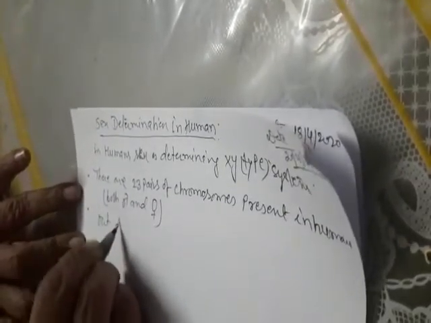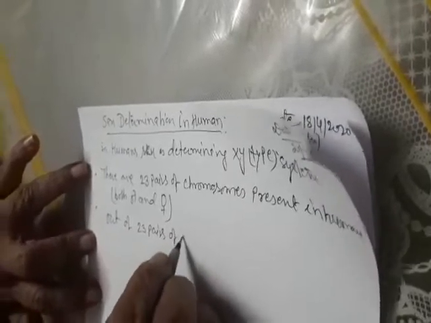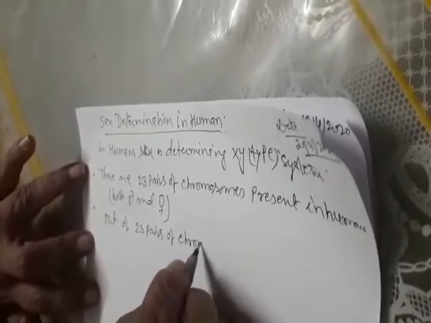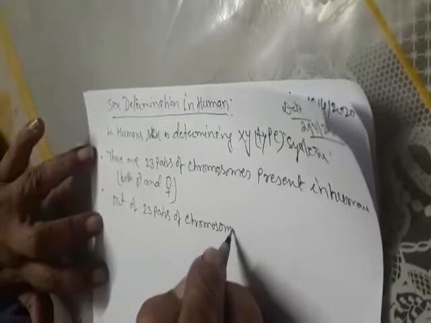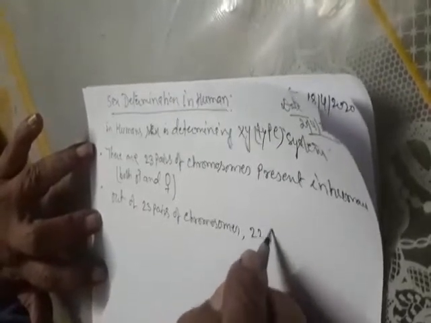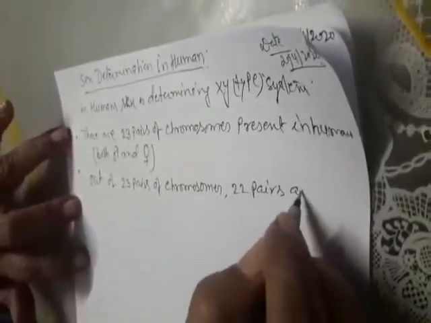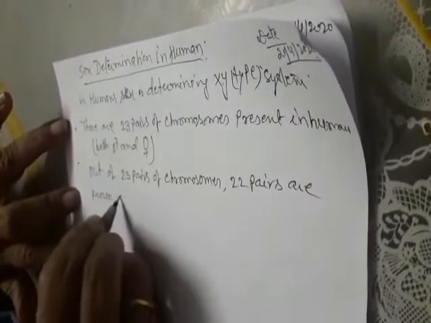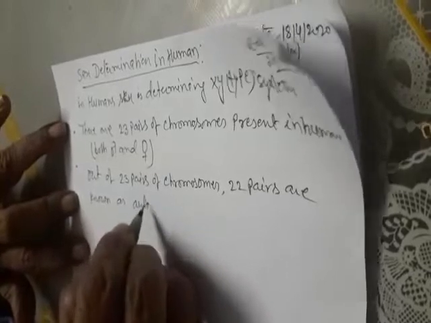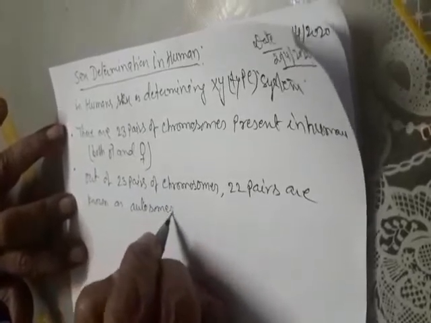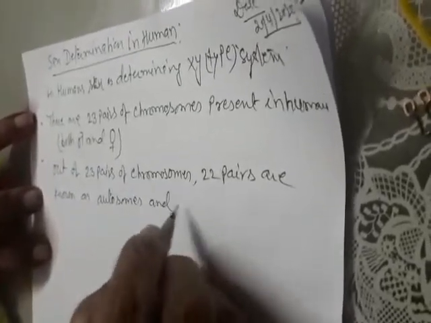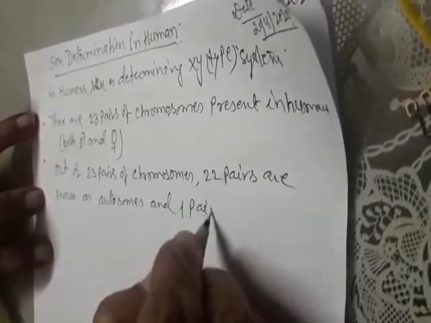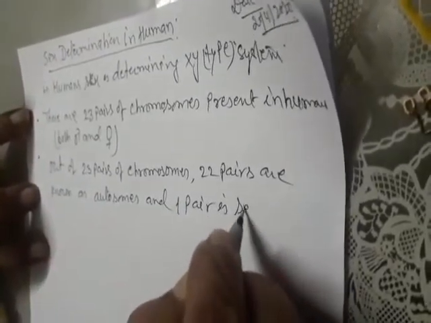Out of 23 pairs of chromosomes, 22 pairs are known as autosomes and one pair is the sex chromosome.